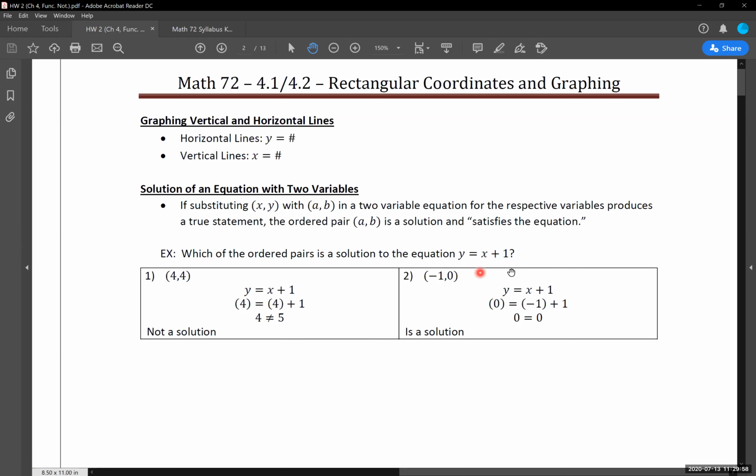It could look like this, or any other form that a linear equation is written in. It could be y plus x equals 1. It could be 2x minus 3y equals 10. Doesn't matter. We have to be given an equation, and we have to be given at least 1 point.